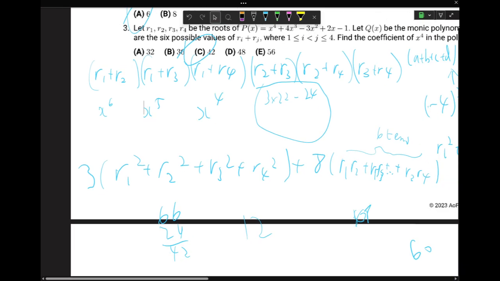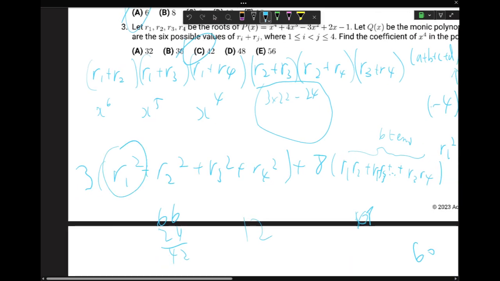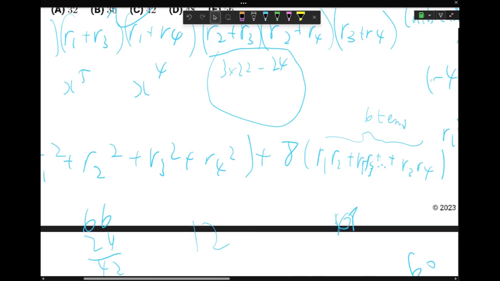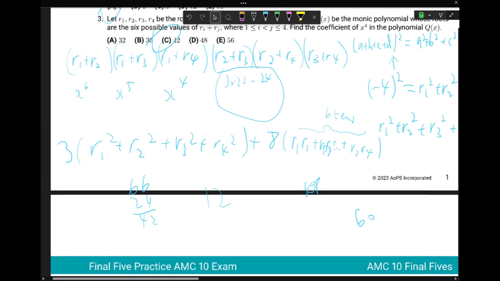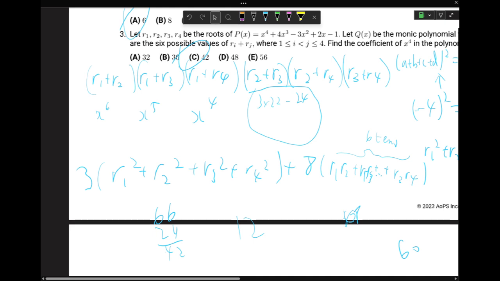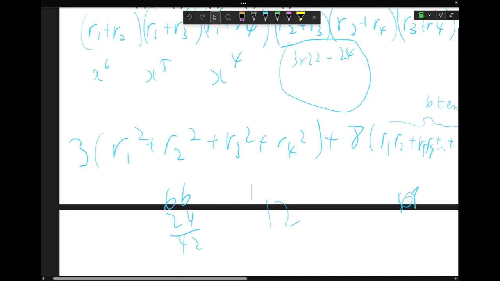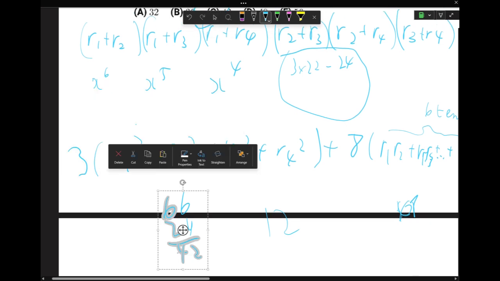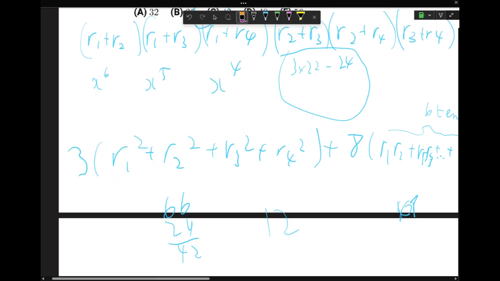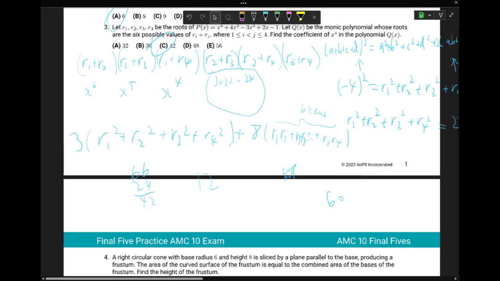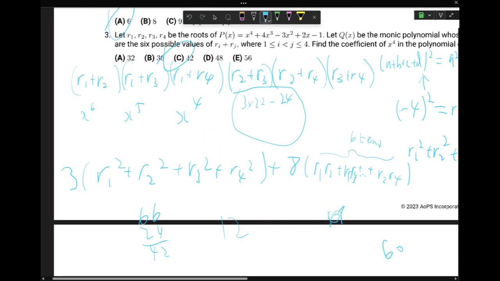So the only terms that are there are r1 squared and all these squared, and you also get these where two terms are multiplied together. And since these are all symmetric, if we find the number of r1 squared, then everything else will have the same coefficient. So let's try to find the coefficients of these two types of terms.